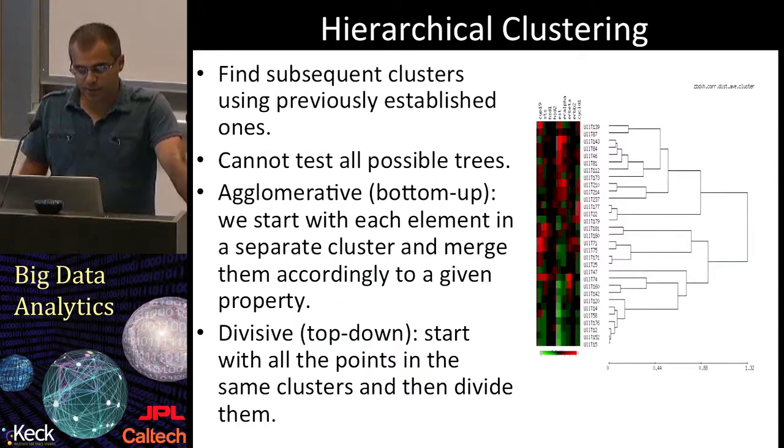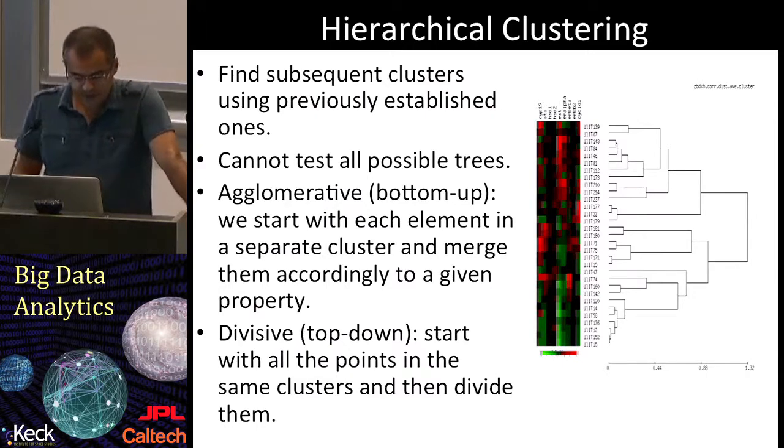Now, let's talk more about hierarchical clustering. In hierarchical clustering, we try to find subsequent clusters using previously established ones, like I said before. Of course, we cannot do an exhaustive search based on all possible combinations because it would be computationally unfeasible.